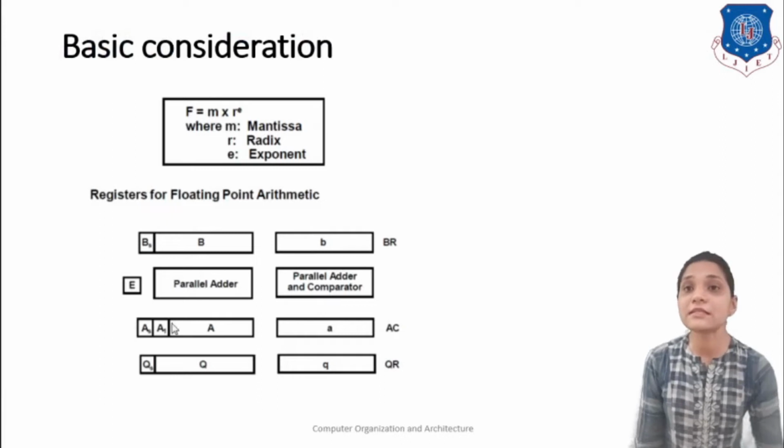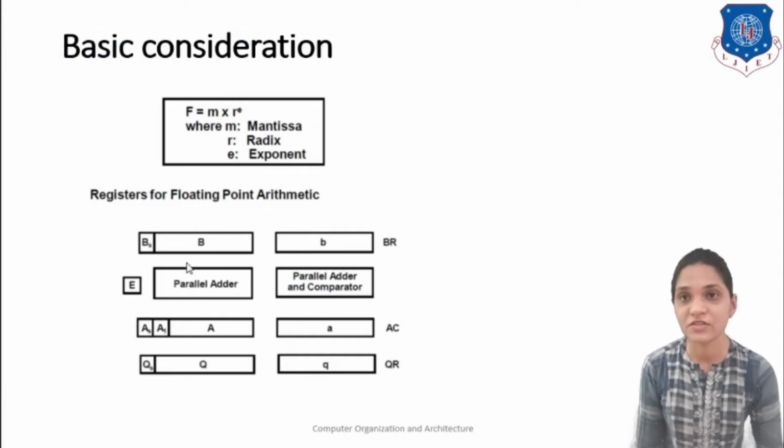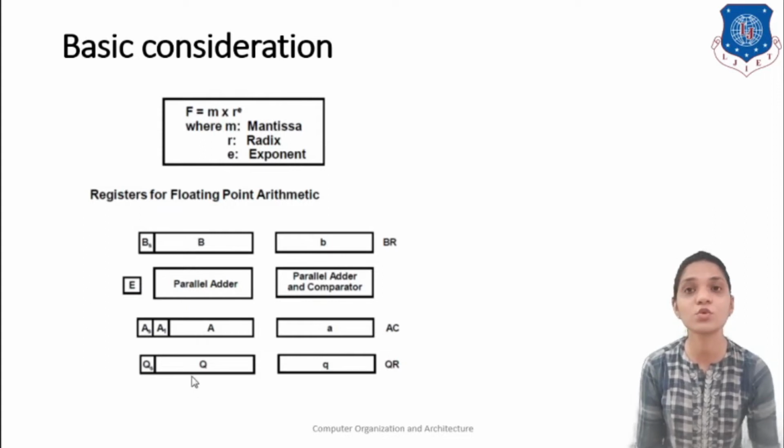We will consider this basic register configuration where our data is going to be stored inside the A register and B register, and the result is going to be stored inside the Q register. Here capital letters represent the mantissa terms, small letters represent the exponent terms.